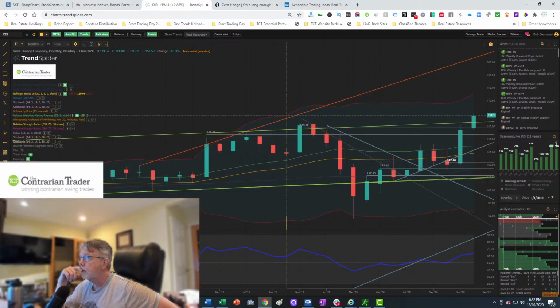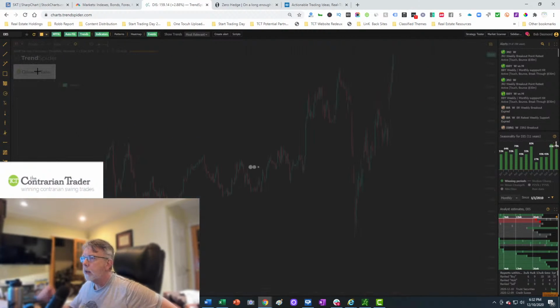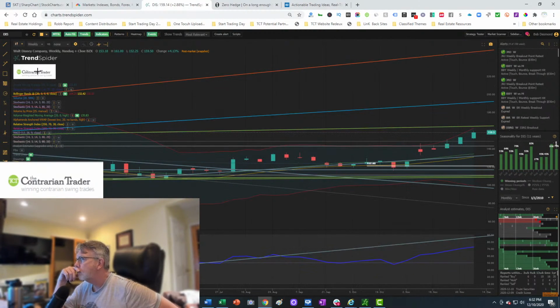Very good price action on the month. We've broken out. Will we close here? Not quite sure. Weekly chart. New weekly high. It appears as though it's going to move up higher.